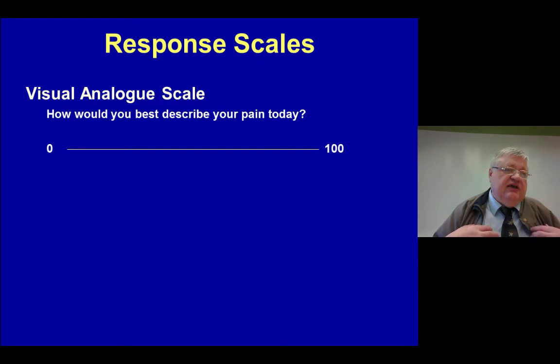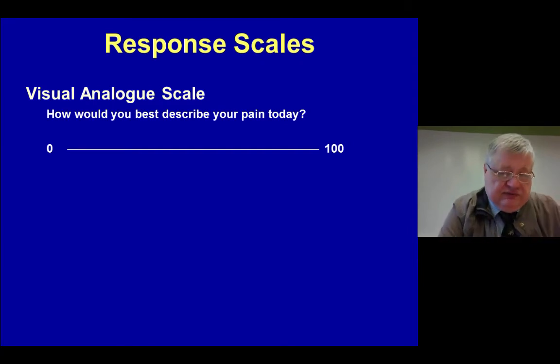Another type of scale are the visual analog scales. And you can usually see this in pain research. What you have is sort of a ruler in front of the individual, a scale that's marked off in millimeters. And you ask the person, please indicate on this scale, how would you best describe your pain today?